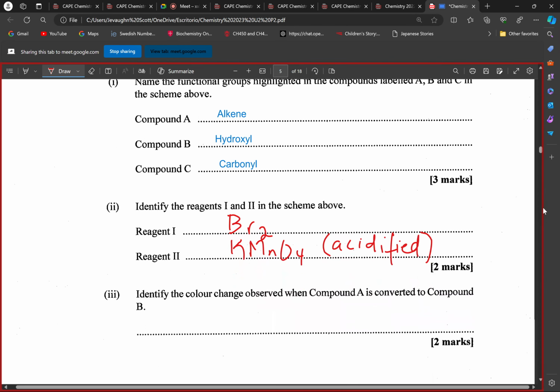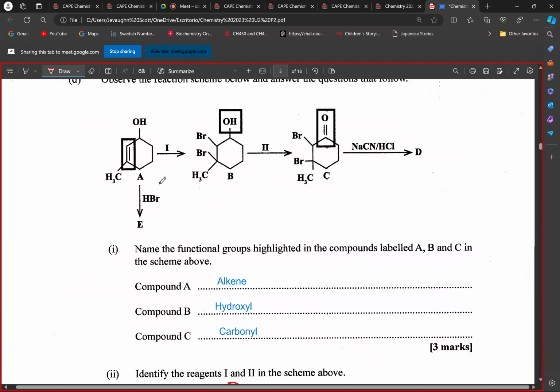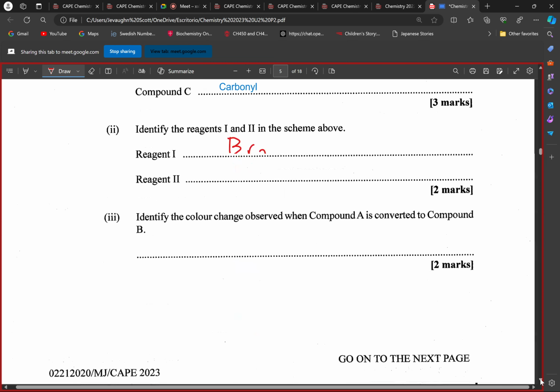Identify the color change observed when compound A is converted to compound B. The bromine is decolorized, so it goes from red brown to colorless. Wait, but is it? Hold on.